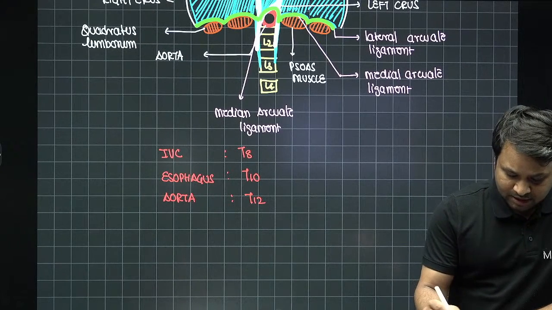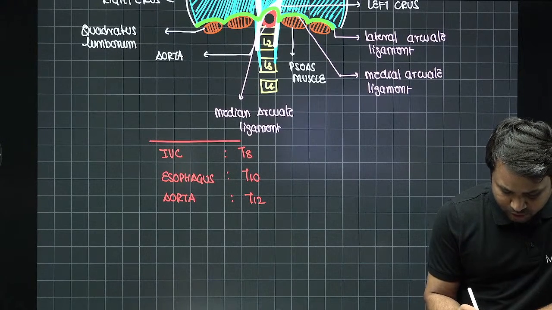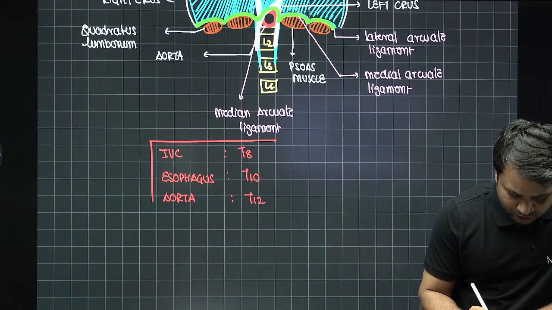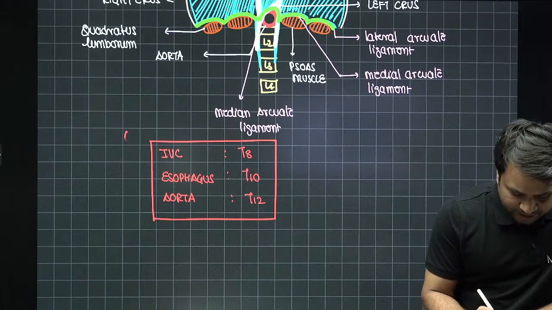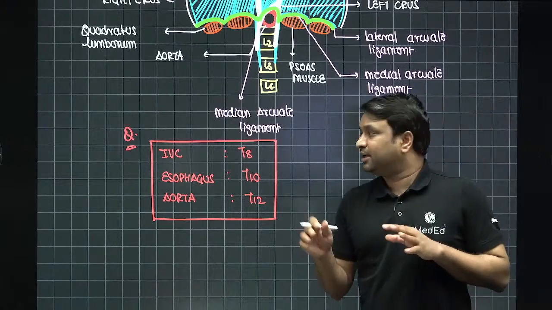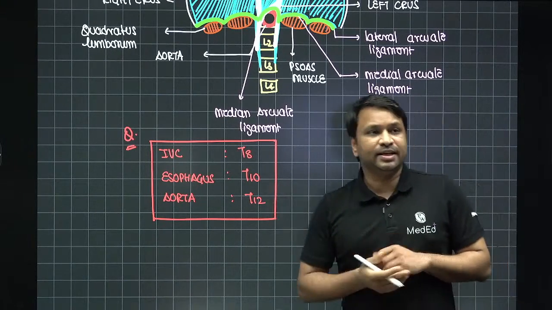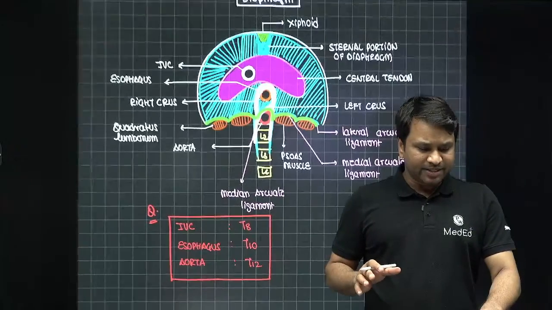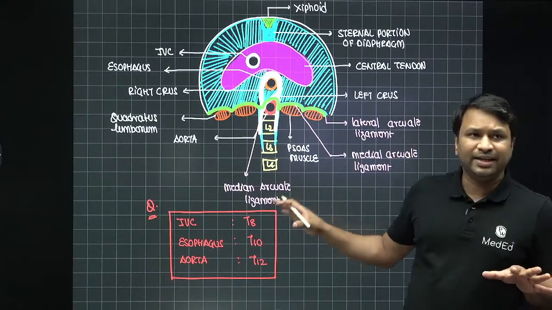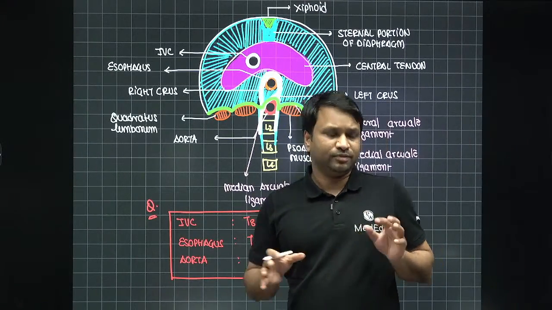These are the levels at which the structures pierce the diaphragm. So this is the basic orientation of the entire diaphragm that you need to have, right?